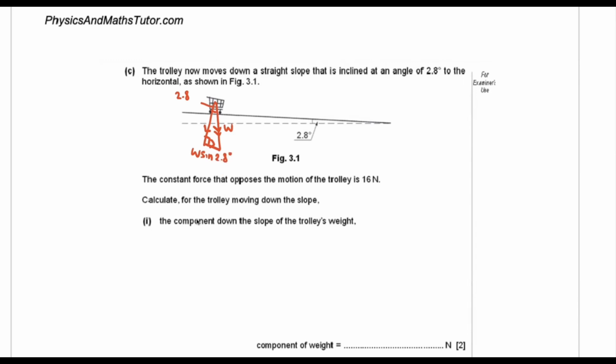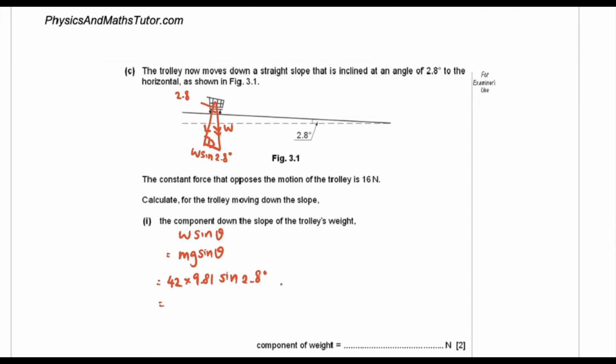So in order to count this, we just put it here. Component down the slope is W sine theta, which is mg sine theta. So the m is 42, the g is 9.81, sine 2.8. So 42 times 9.81 times sine 2.8.